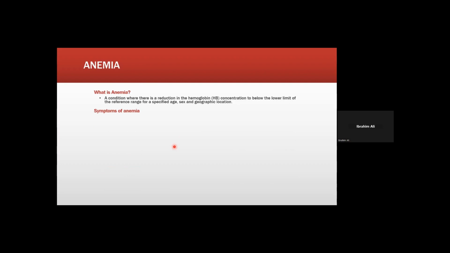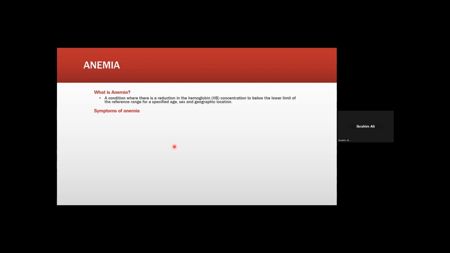For example, in a low altitude like the coastal area, a patient with a slightly low HB doesn't necessarily have anemia. But in a high altitude, like the Mount Kenya region, if they have a slightly lower hemoglobin, that means they have anemia.